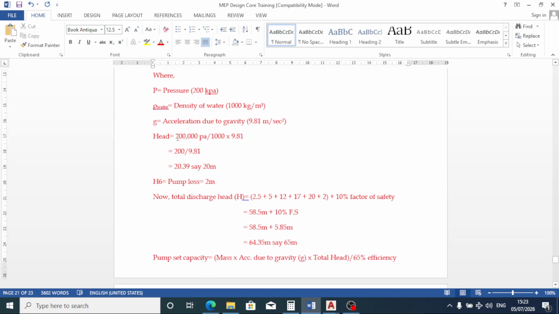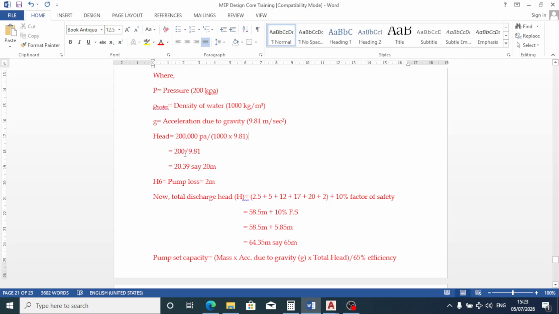So now head equals to 200,000 pascal. We are converting this kilo now to pascal. That is why it's 200,000, not 200 anymore. Divide by 1000, which is the density of water, times acceleration due to gravity.